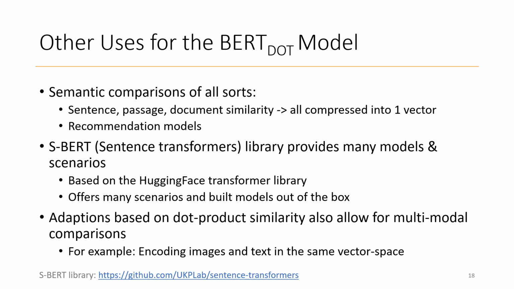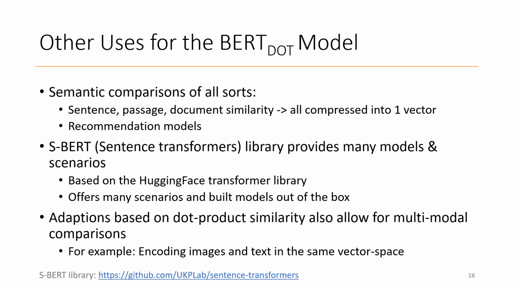Here a library that I want to mention is the popular SBERT, or Sentence Transformer library, which provides a lot of models and scenarios built in based on Hugging Face, and they provide us with pre-trained sentence similarity models, for example. So you can just take a sentence similarity model from Hugging Face, use the library to encode your text, and you will get good sentence similarity output.